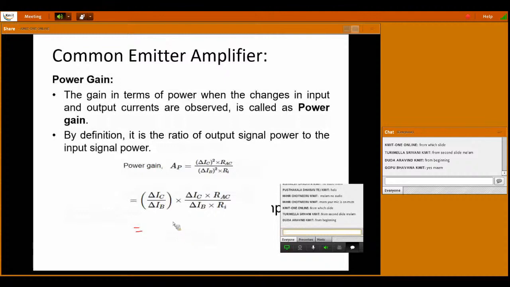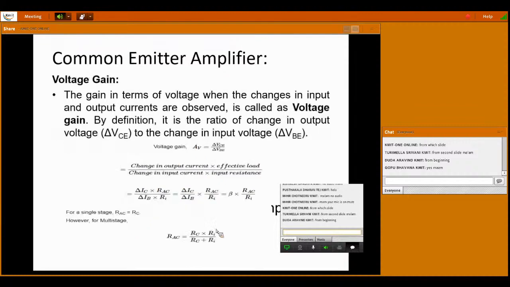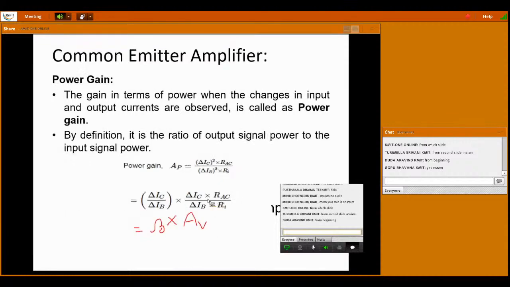As we already know, IC into RAC divided by IB into RI is the voltage gain AV.